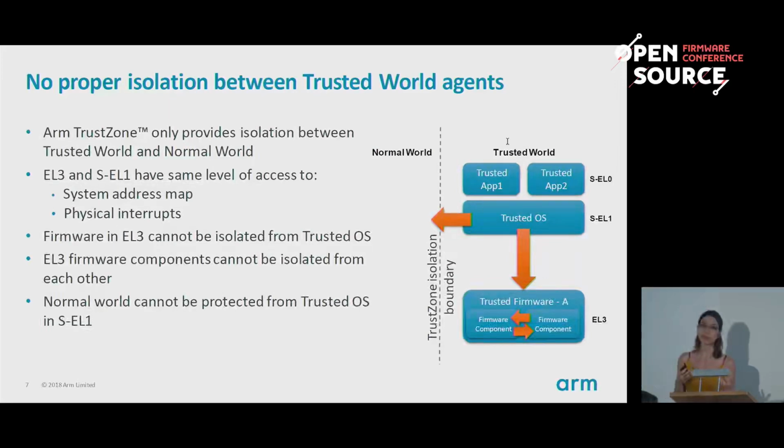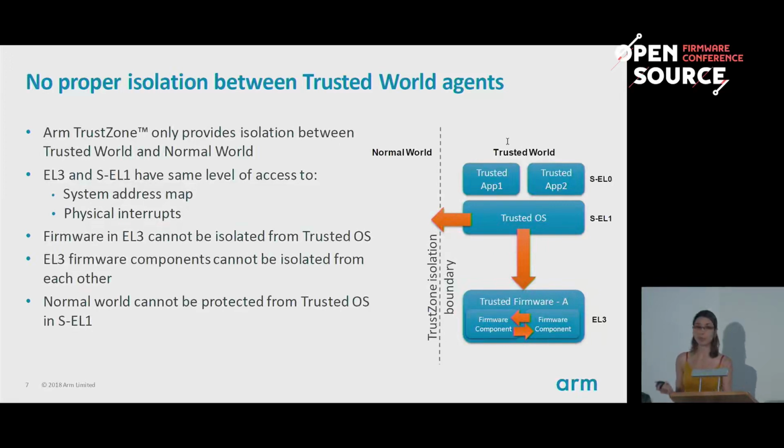That means that EL3 and secure EL1 both have basically the same level of access to the memory space. They can access any memory they want, and they also get direct access to the physical interrupts. So as a consequence, these orange arrows that I've drawn are the interactions that can happen.